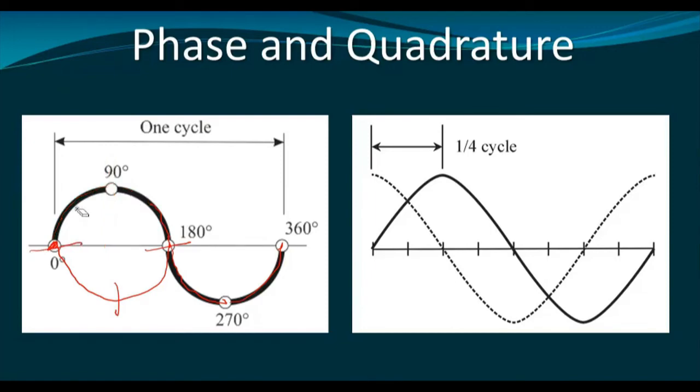Now, phase means where the electromagnetic wave has started from. For example, if we look at these two waves, for this wave the phase is 0, that means it has started from 0 degrees. However, for the dotted line, what is the phase? The phase is 90. It has started from 90 degrees.